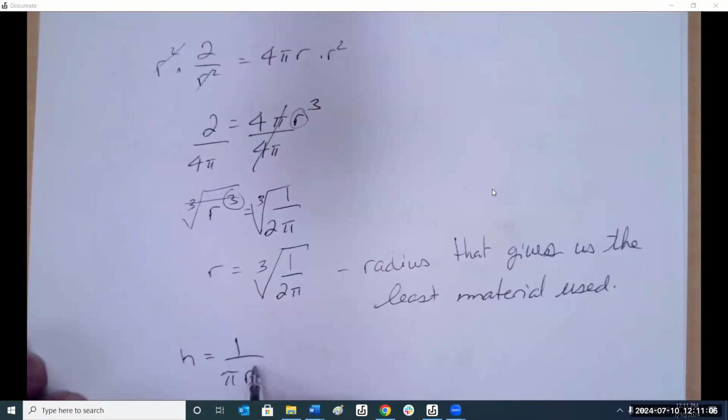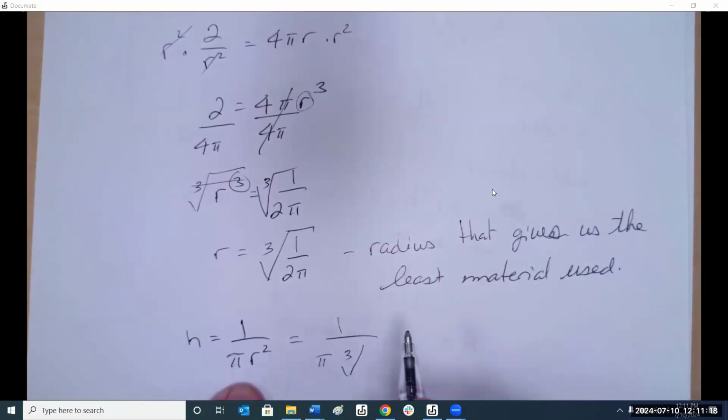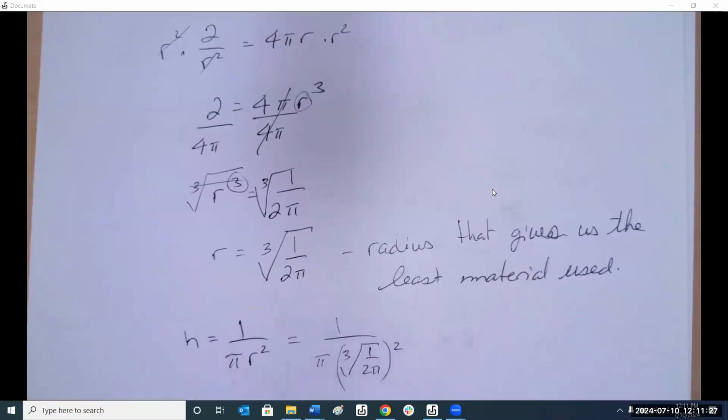It's 1 over pi times the cube root of 1 over 2 pi, squared. I'll just leave it at that.